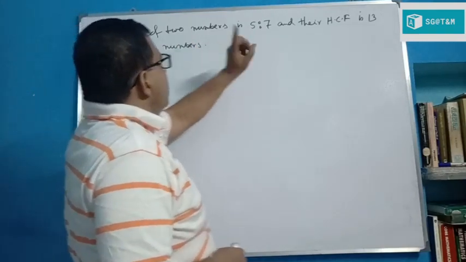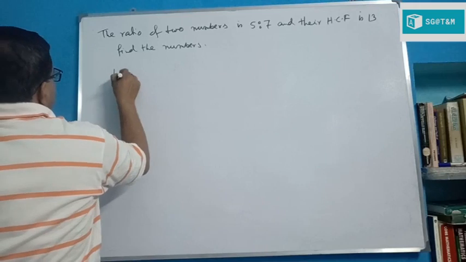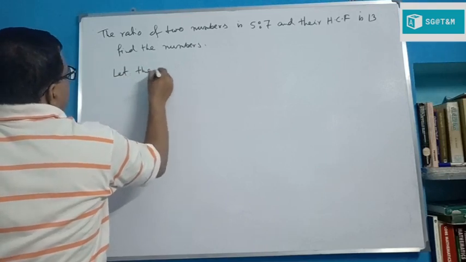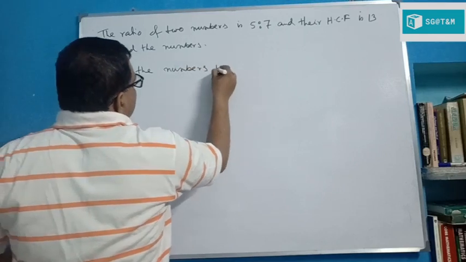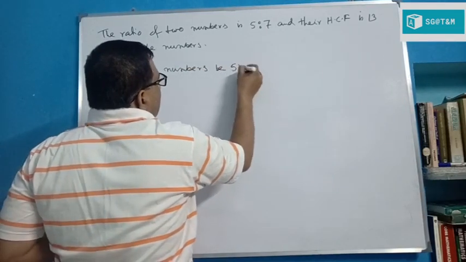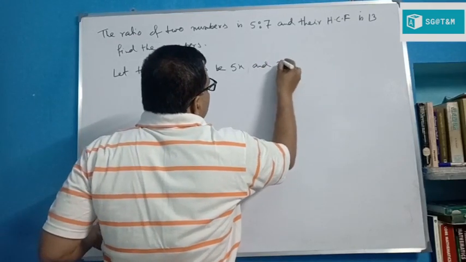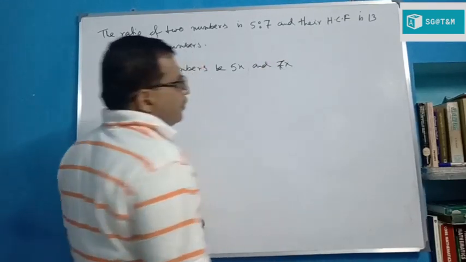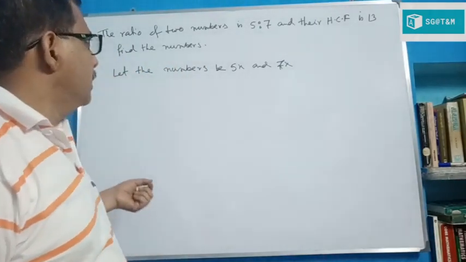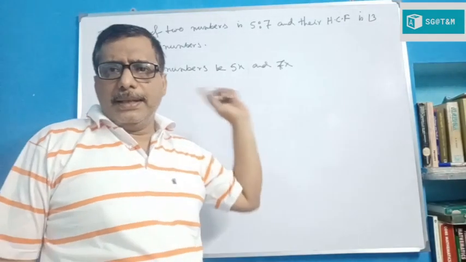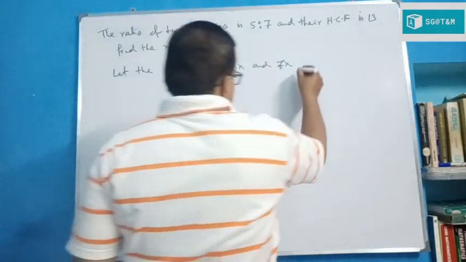Since the ratio of the numbers is 5:7, let the numbers be 5x and 7x, where x is a non-zero constant, obviously.